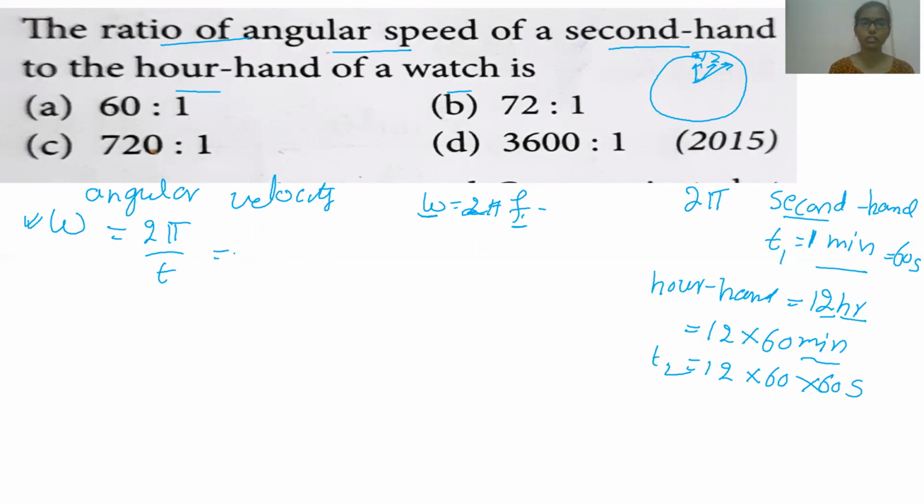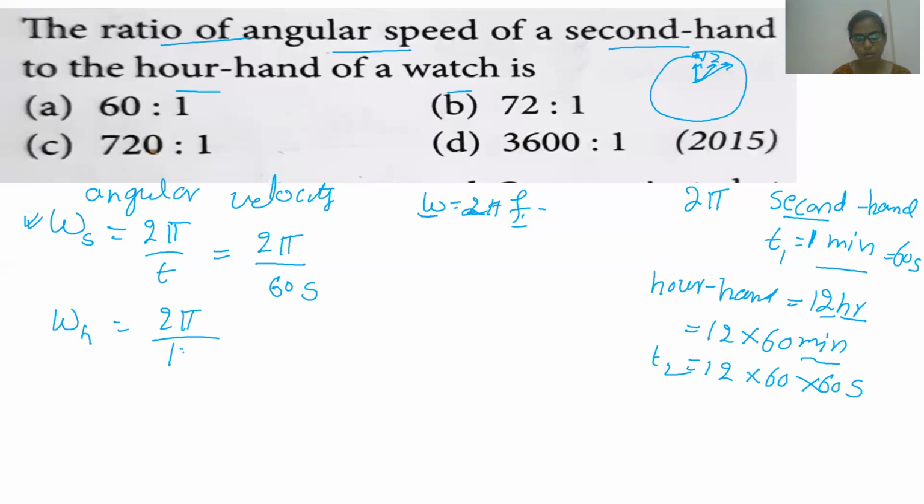So now see 2 pi, let us calculate for the second hand first. Angular velocity of the second hand, 2 pi by T, here it is 1 minute or 60 seconds. So 2 pi by 60 radians per second; whatever the units, they will cancel out anyway. Again, omega for the hour hand, you are going to take 2 pi by 12 into 1 hour, right?